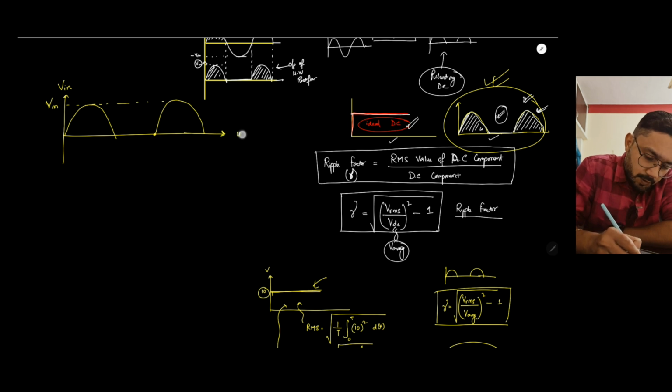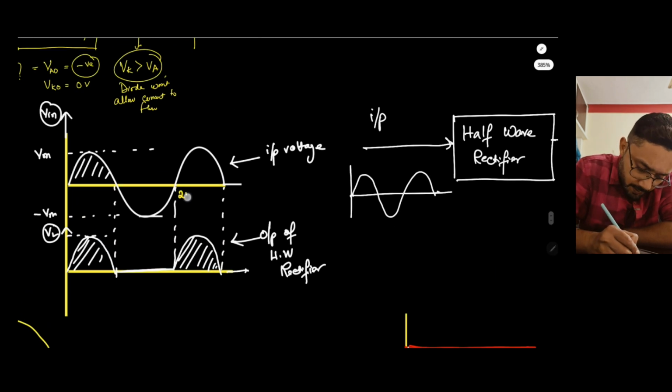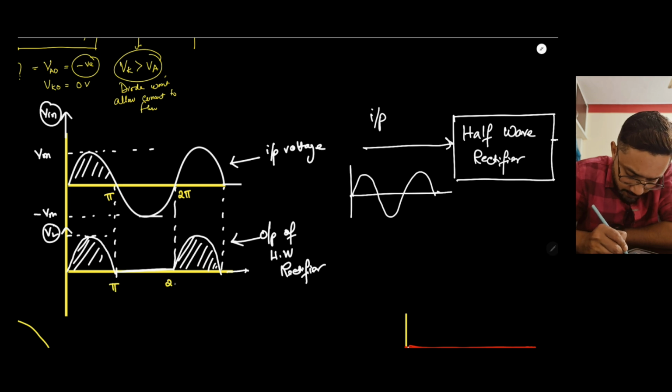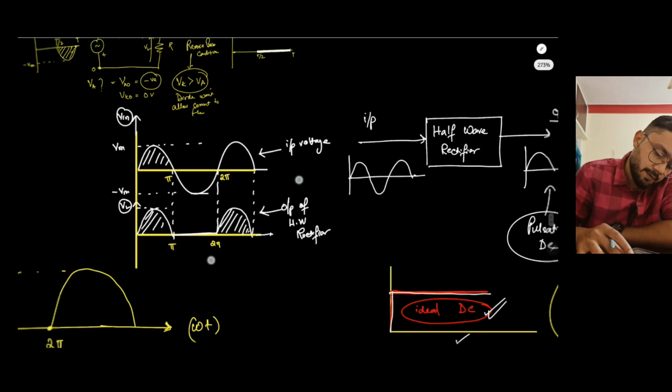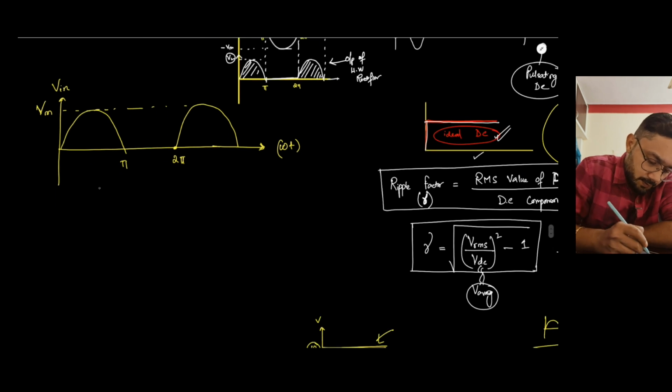So let's consider this omega t. This will be twice pi, this will be pi. Similarly here it will be twice pi. Okay. So what will be the RMS voltage?